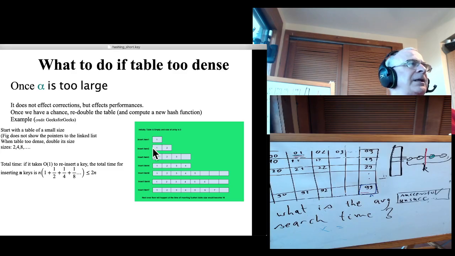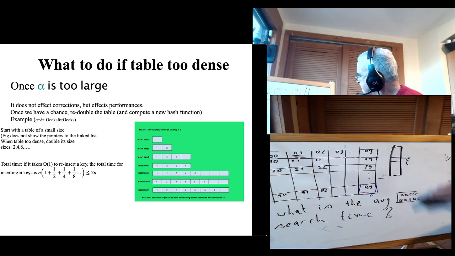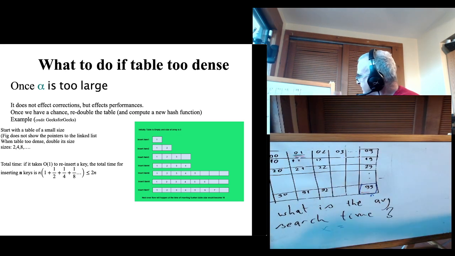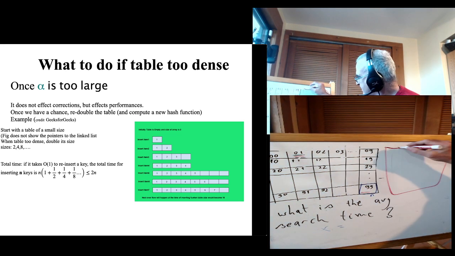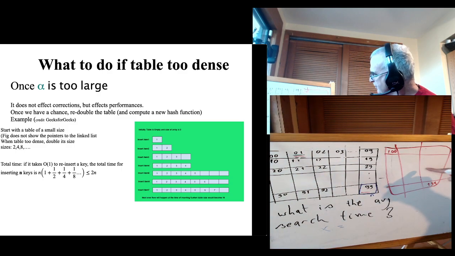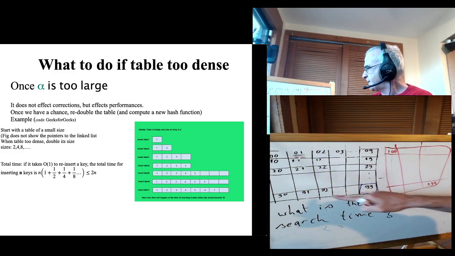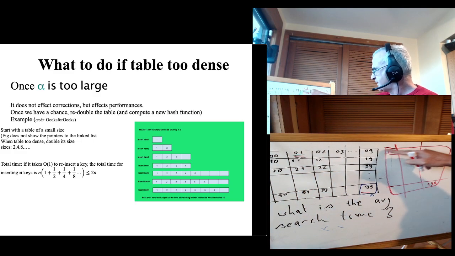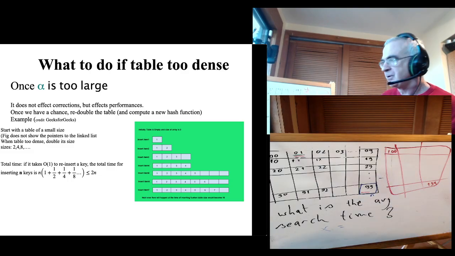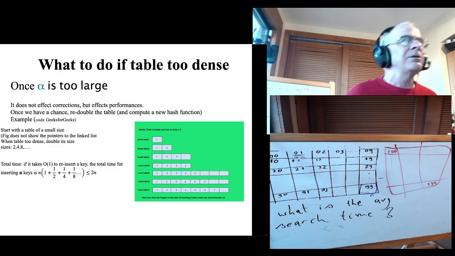If I'm now using a hash table where I'm adding all the cells from 100 to 199, that makes the table twice as large, but my hash function is still only spitting out numbers in the range of 0 to 99. It means that all the cells in the new table will be empty and all this new memory will never be used.